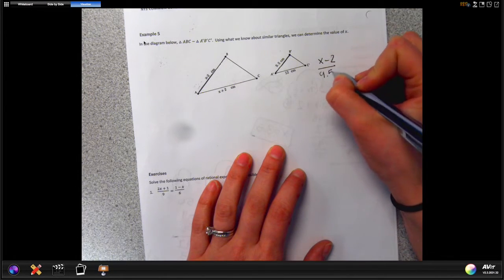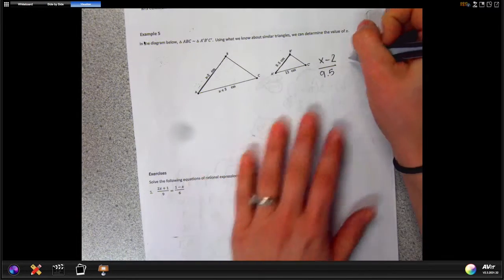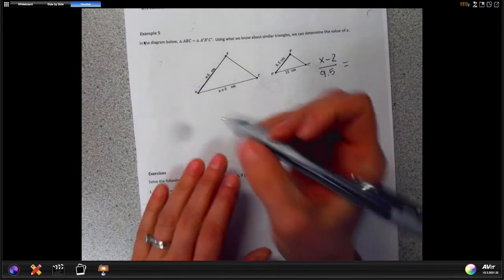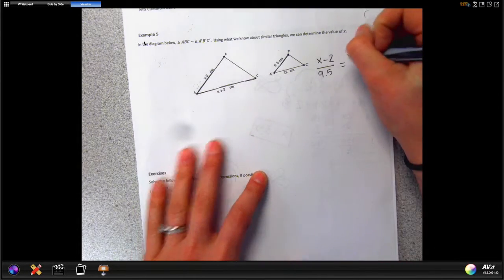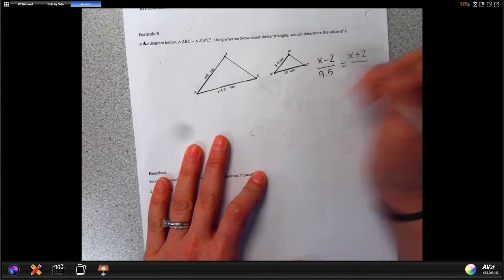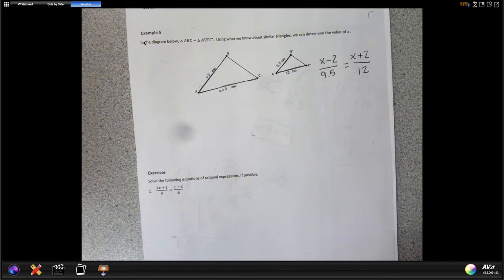If I were to divide those, I would get the scale factor, which means that I should get the same scale factor if I do AC, x plus 2, and divided that by A prime, C prime, 12. And now we have that proportional relationship that we had on the first page, and we can cross multiply to make a linear equation.